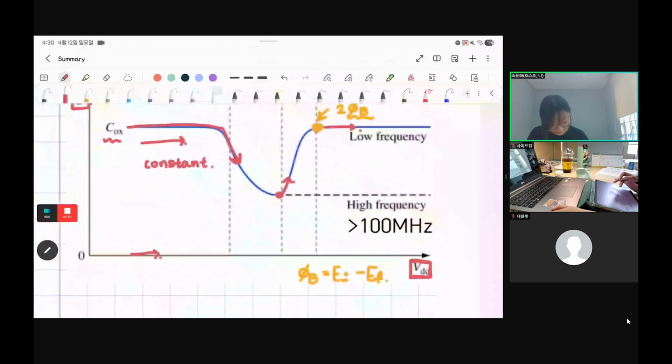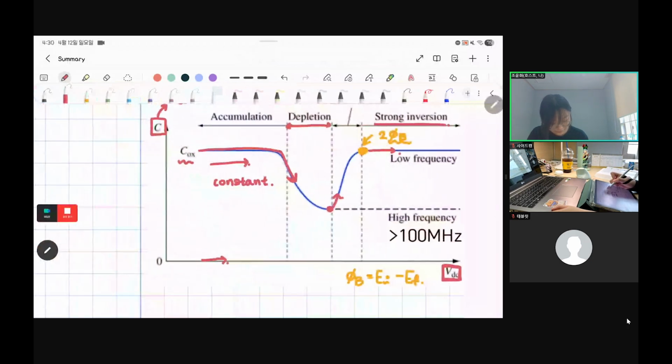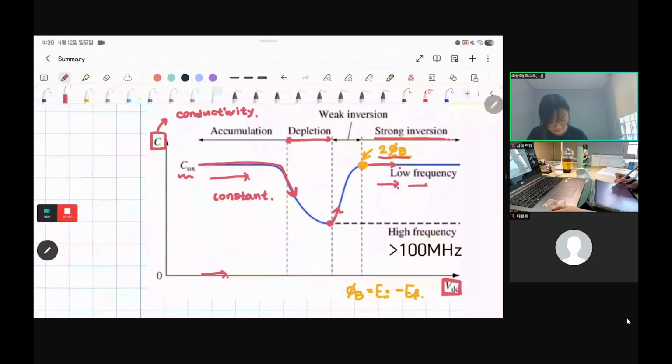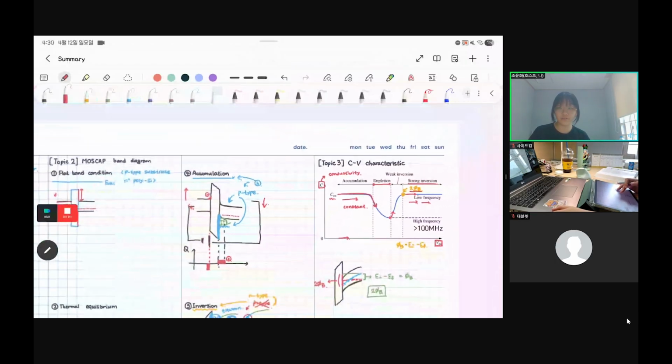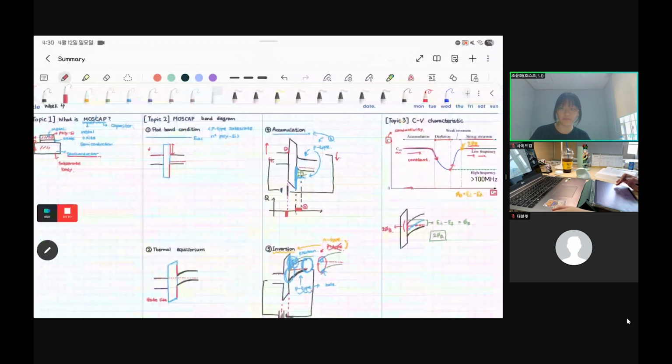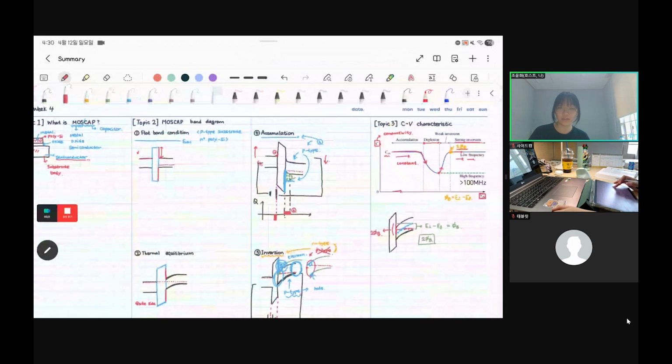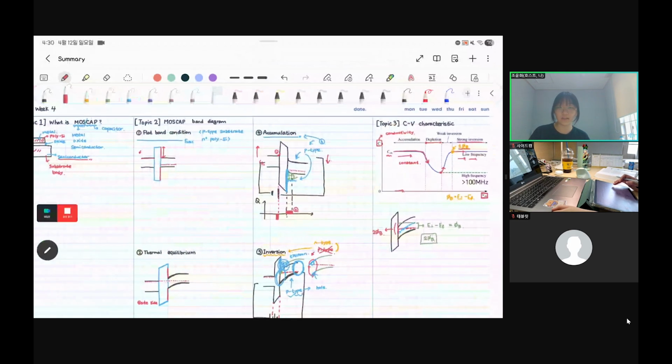So when the voltage gives more than 2 phi b, the strong inversion starts and the capacitance stays constant again. So this is the CV characteristic. So this time we learned about the MOSCAP device, and we also drew the MOSCAP band diagram, and we discussed the relationship between capacitance and voltage bias.